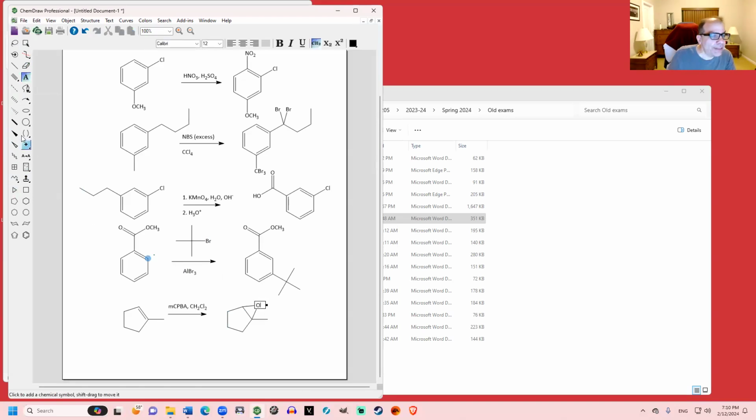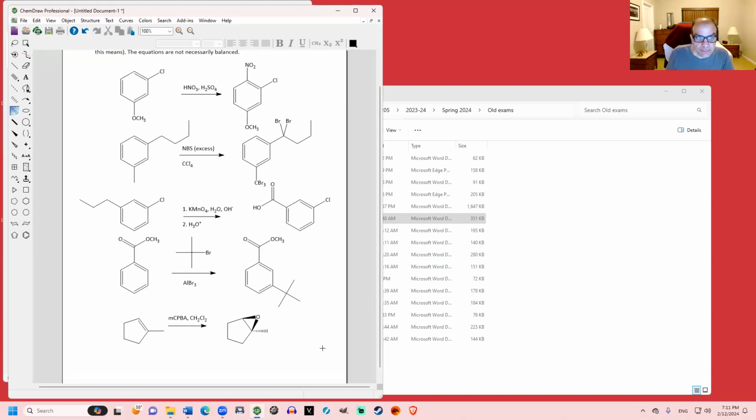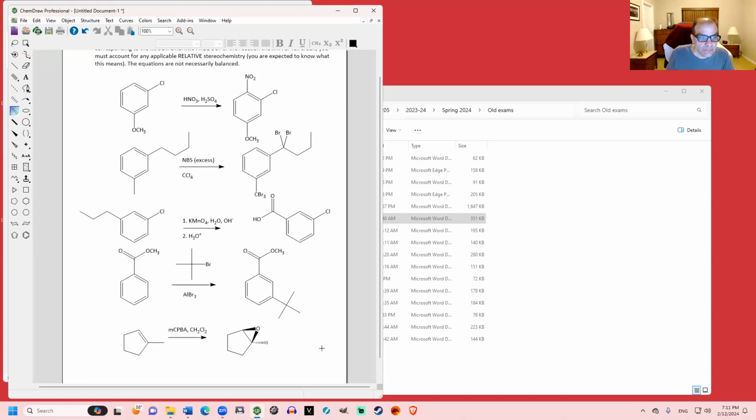So the epoxide has the three-membered ring. Since both carbons are chiral, we need to show stereochemistry. And you could either pick the one where the epoxide is wedge bond and the methyl group is dotted bond, or the enantiomer, which is the epoxide with dotted bonds and the methyl group is a wedge bond. Either way. And that's pretty much it for that page.